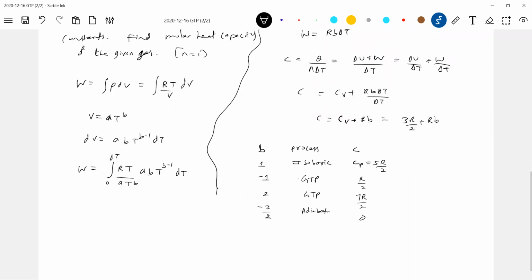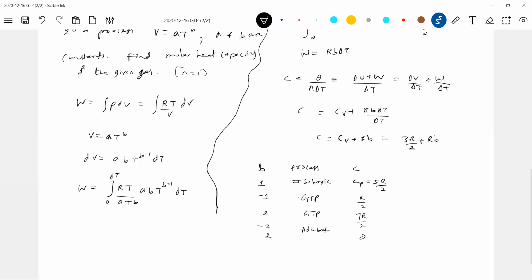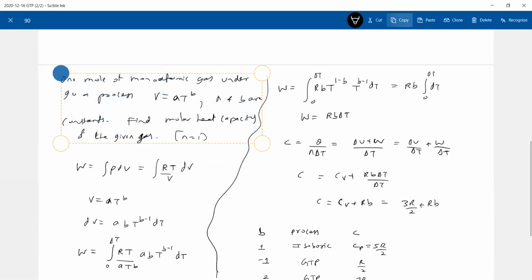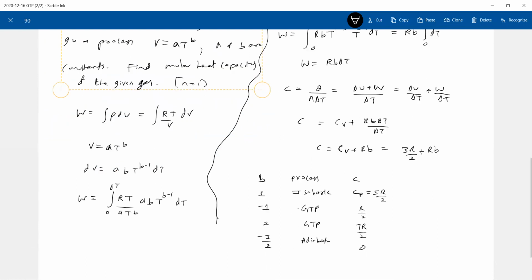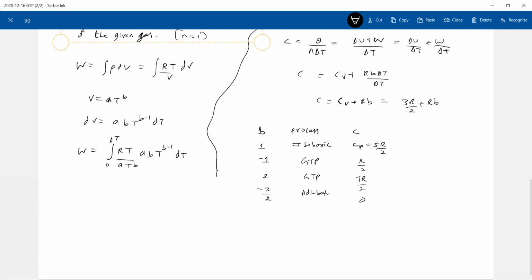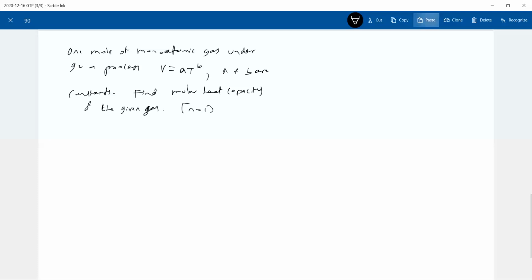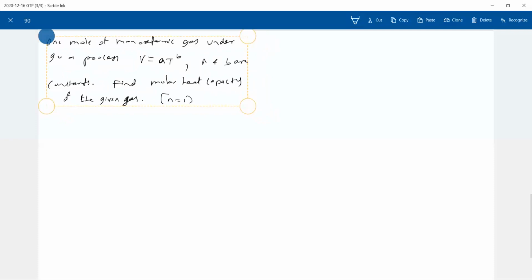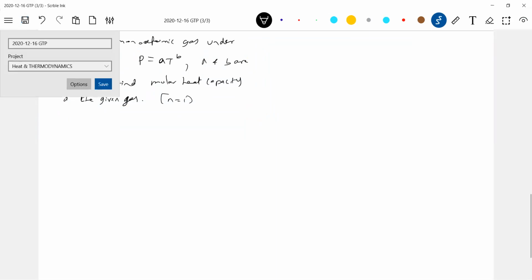Okay, now let's take the next one. Change a little bit of the equation. You have to find the molar heat capacity.